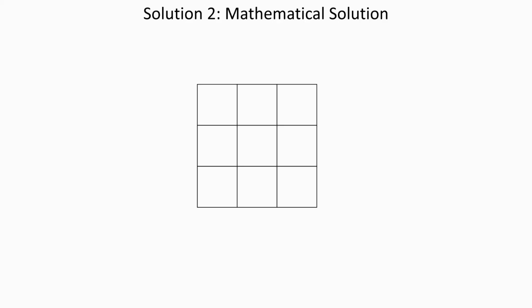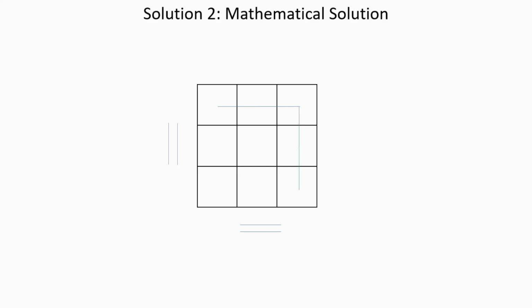The next solution I'm going to talk about is a mathematical solution. If we take this 3x3 board and one example of how to reach the end, we can get this. Or another way we can reach the end is this. If we take apart each of the lines, in this solution we get 2 vertical lines and 2 horizontal lines.